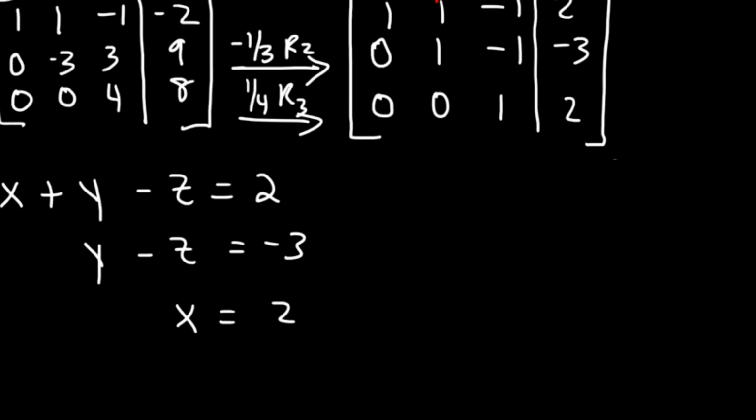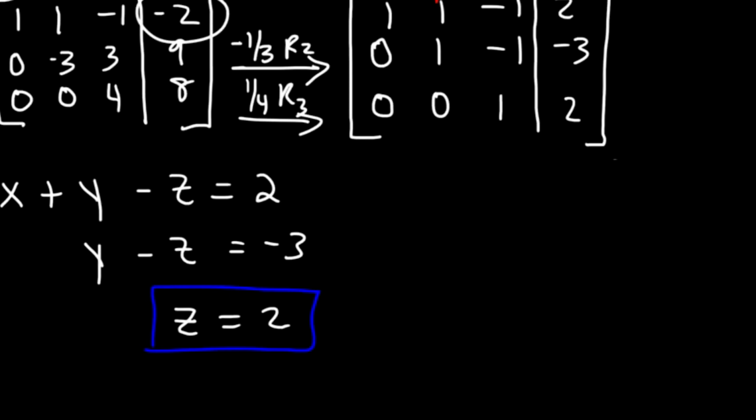So in this form, we automatically get the solution for x. Now, it shouldn't be x, it should be z, because this is the column for z. So we should have that z is equal to 2 and not x. So we have the solution for z. And one other thing I missed, this is negative 2. I forgot to transfer the sign here, so that should be negative 2 as well.